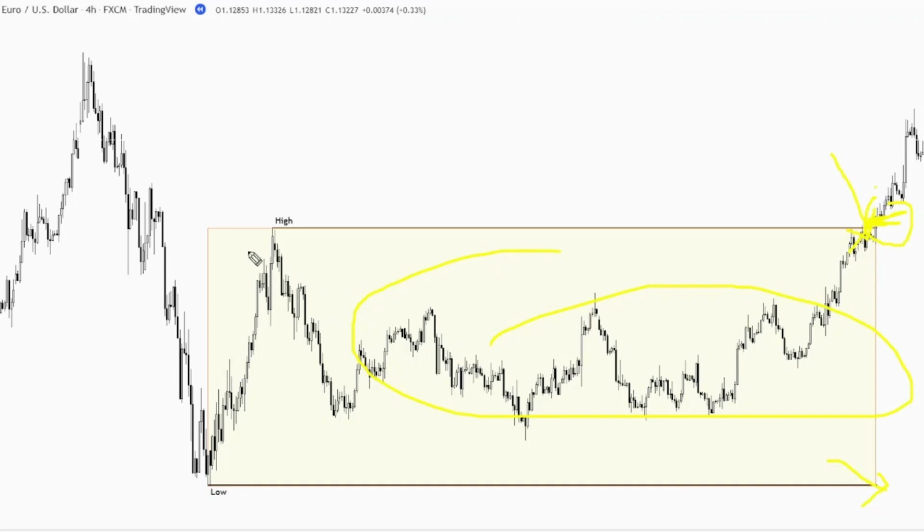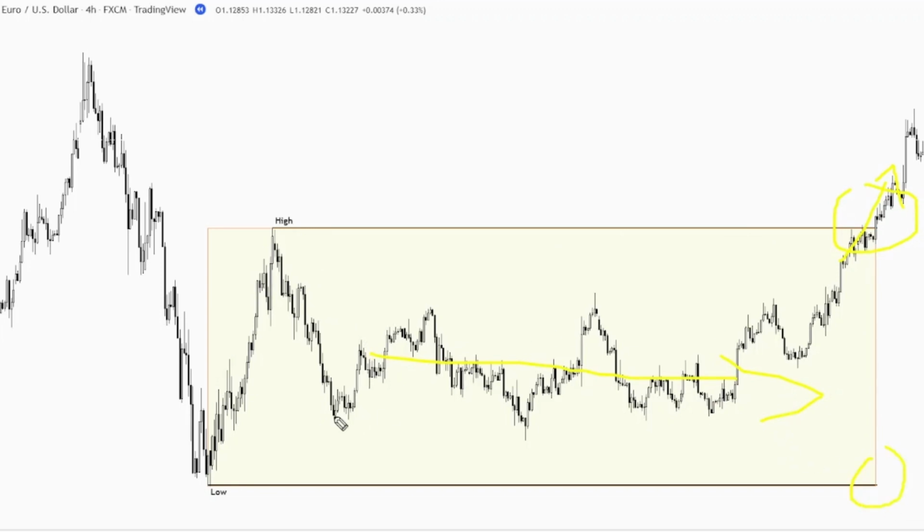In this case, we see a break that happened here on this high, and the market broke out of this range. Now the range will continue to move sideways as long as the market does not break a high or a low. That will be the range.